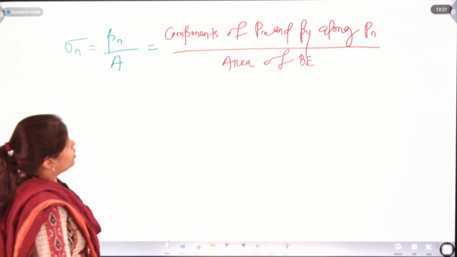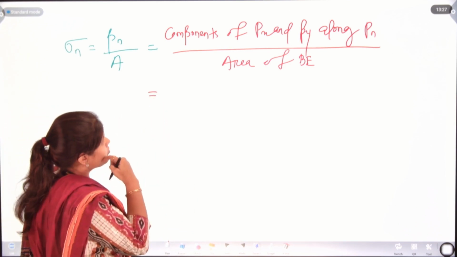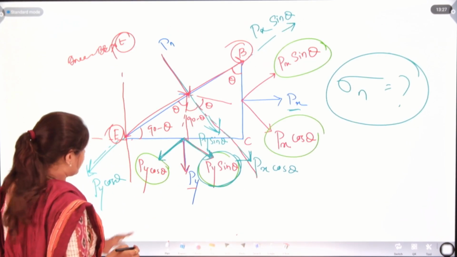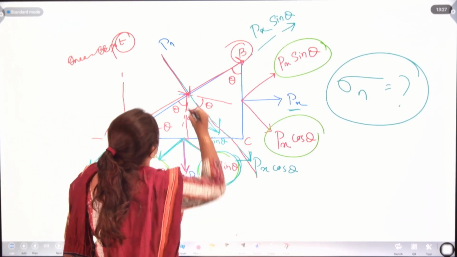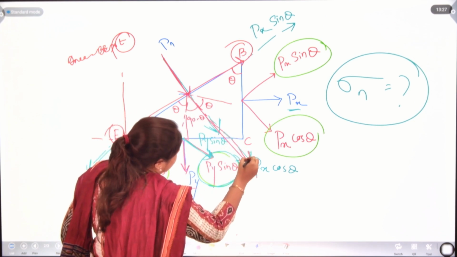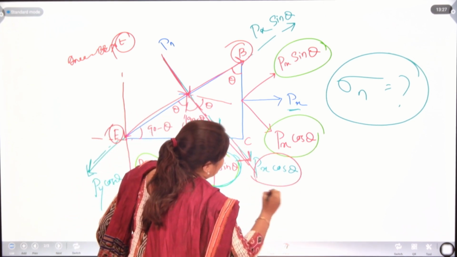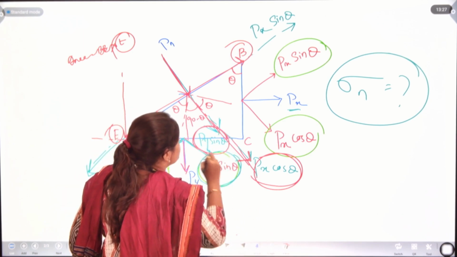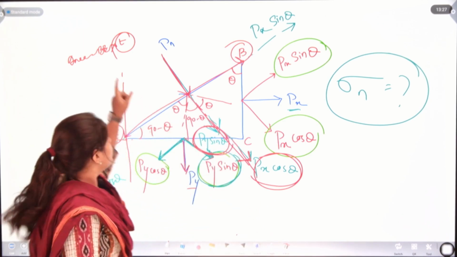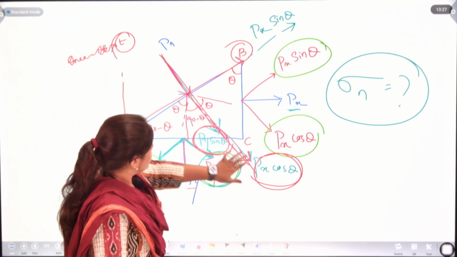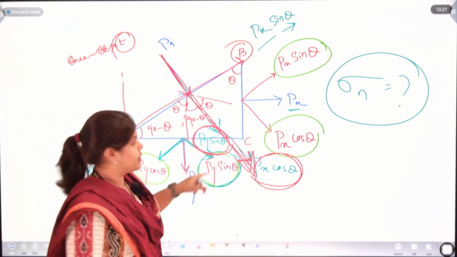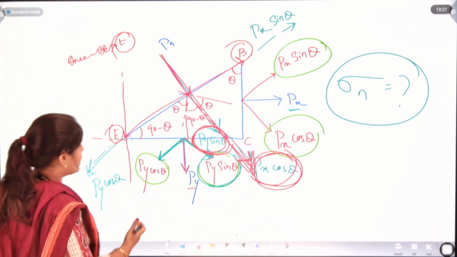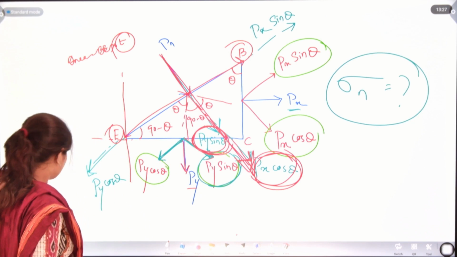Okay, so we can write the components of Px and Py that we have already found out here. So in Pn we have one that is Px cos theta, and here that is Py sin theta along Pn. Okay, these are the components of these two. Py sin theta and Px cos theta are components along Pn.